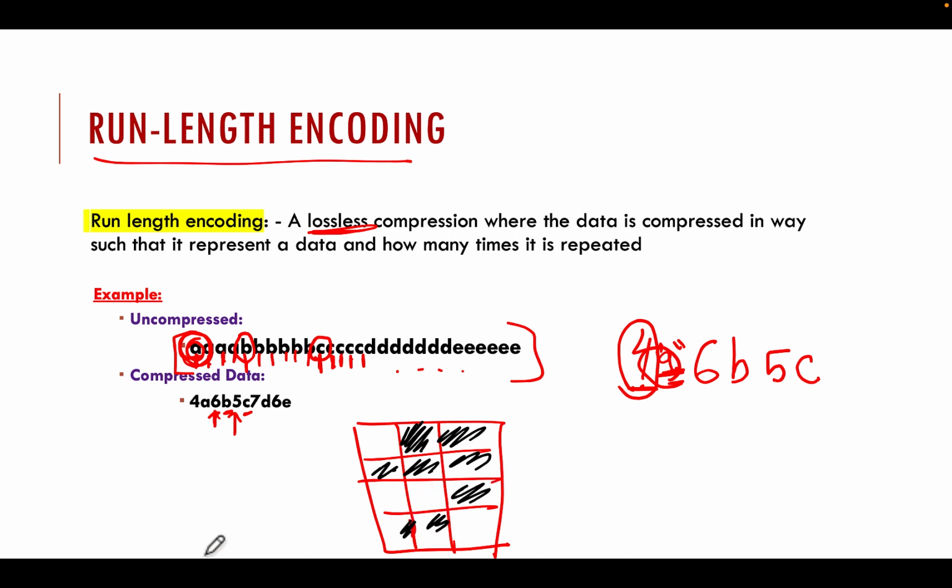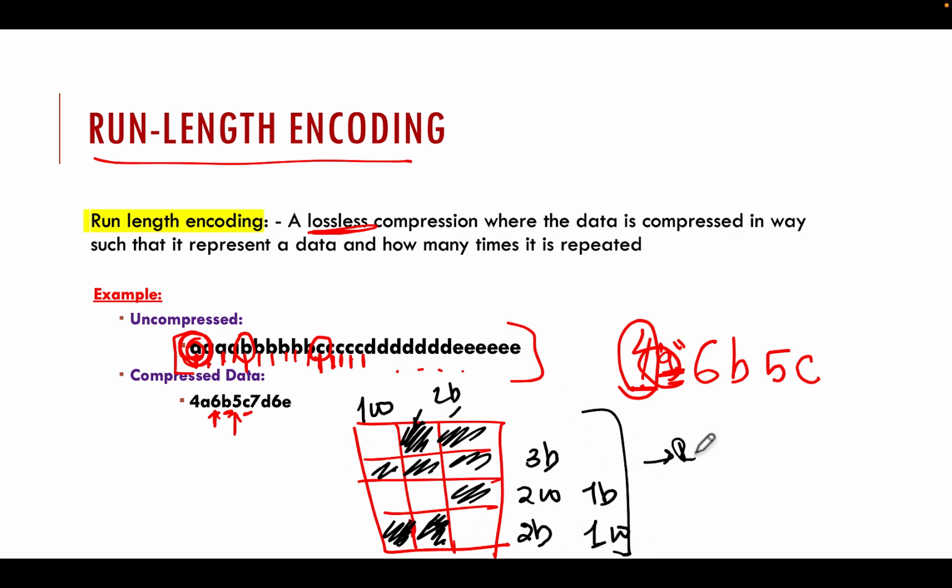If I were to represent this in data compression, then I would say we have 1 white, and then we have 2 blacks. Then here we have 3 blacks. Here we have 2 white and 1 black. And here we have 2 black squares and 1 white square. This is one way of representing an image in the run length encoding.